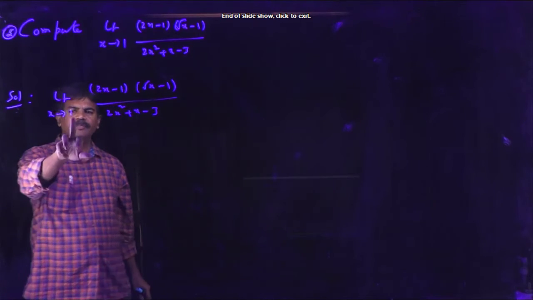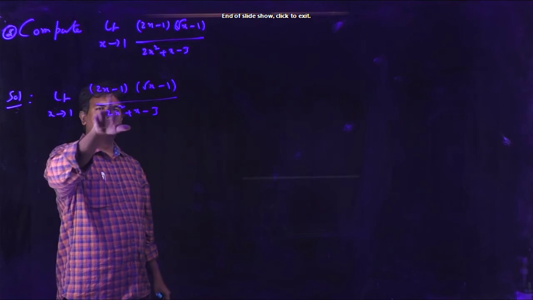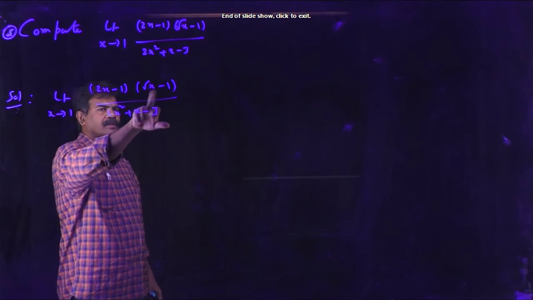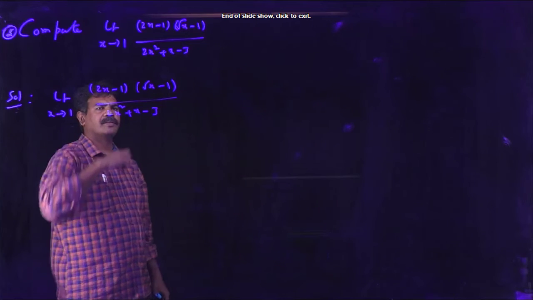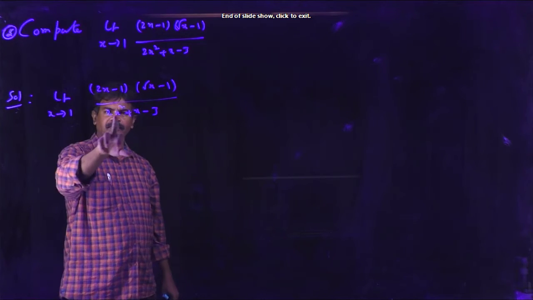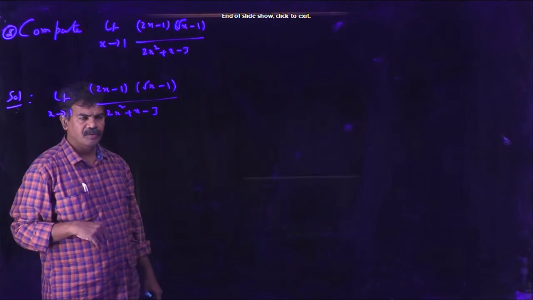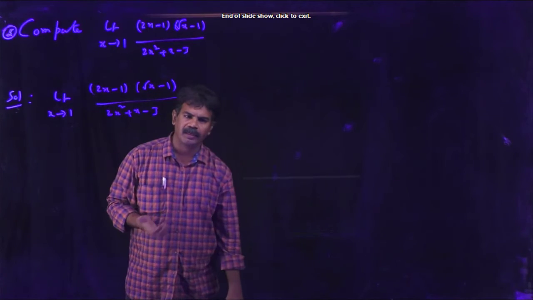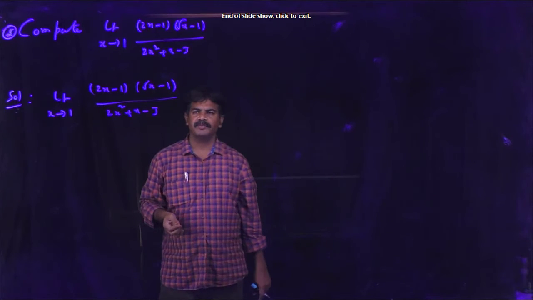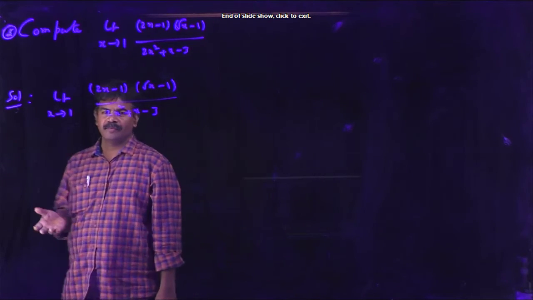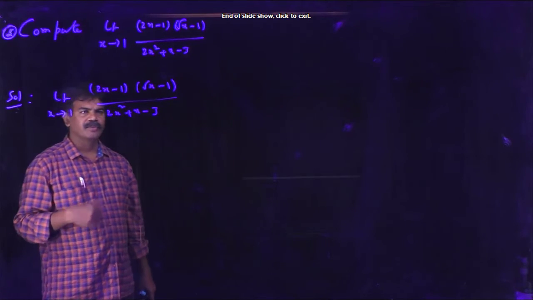Now we apply the limit value, that is x equal to 1. 2 minus 1 is 1, and root 1 minus 1, root 1 means 1, 1 minus 1 is 0. So the numerator goes to 0, and the denominator 2 into 1 is 2, plus 1 is 3, 3 minus 3 is 0. So both numerator and denominator are 0. So it is in the form of 0 by 0. So it is an indeterminate form.